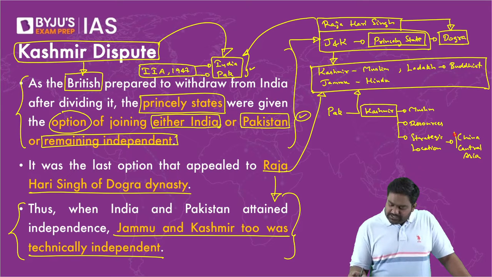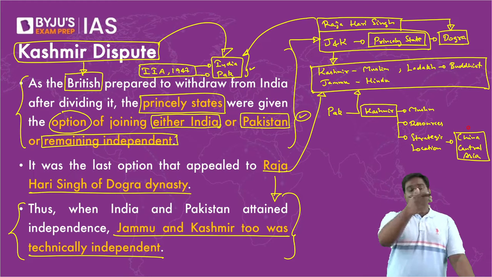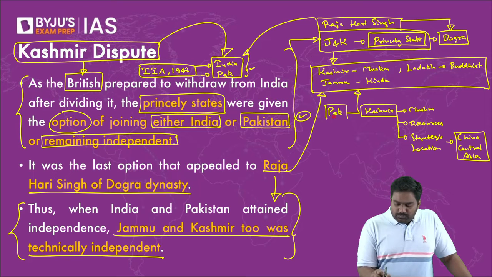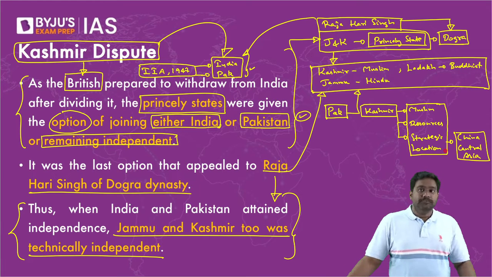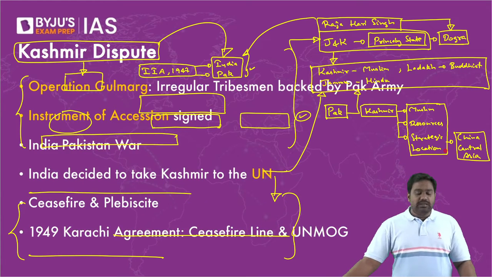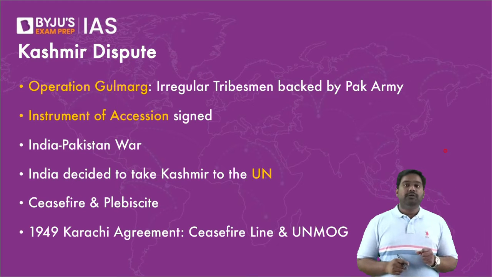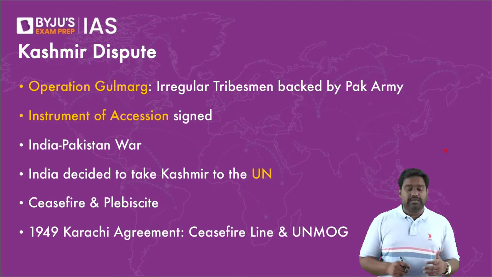Historically, Kashmir has been part of an important trade route between the Indian subcontinent and Central Asia and China. So Pakistan obviously was motivated by all these factors: the religious factor, the economic and strategic factors as well. So Pakistan made an illegal attempt to capture Kashmir for itself without any valid historical claims.